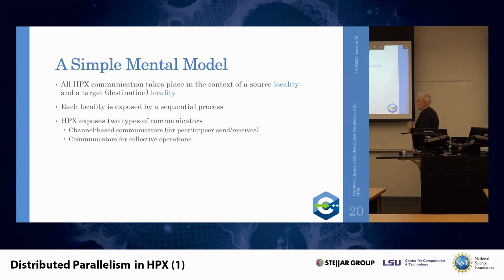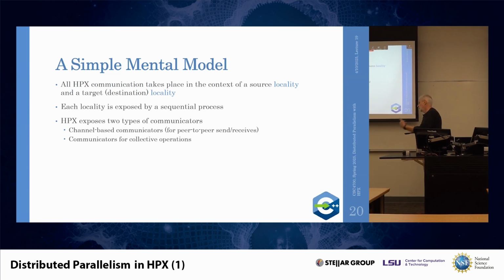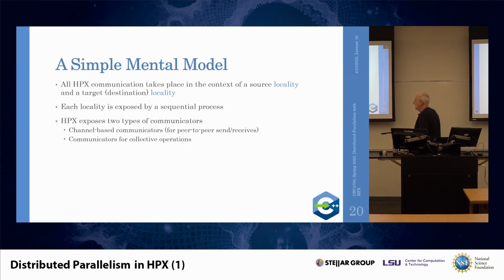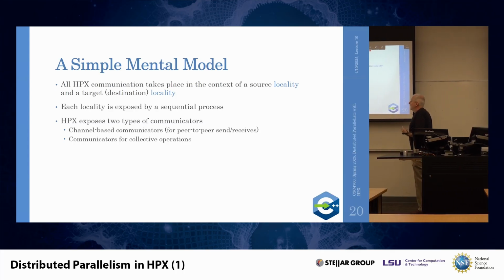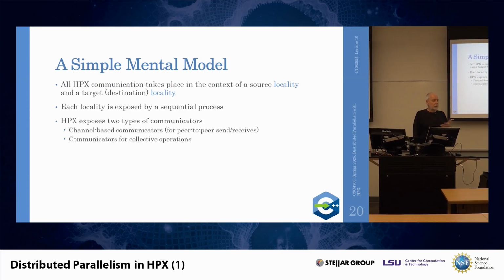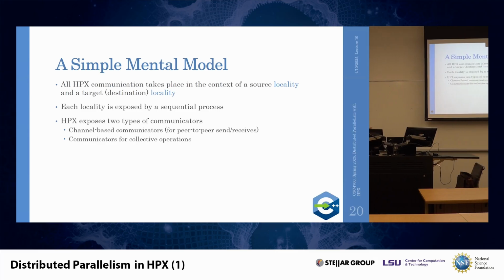We expose two types of communicators in HPX. One is for peer-to-peer communication, where you want to send things from one locality to a dedicated other one, which we call the channel-based communicator. The collective communicators, like broadcast and reduce, we use when several localities have to participate in a particular data exchange with certain semantics.